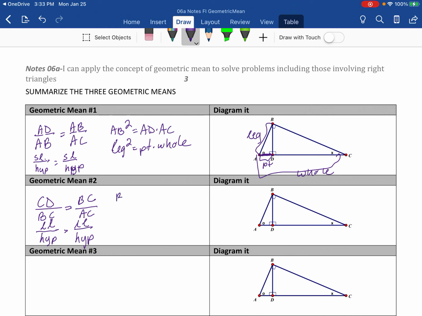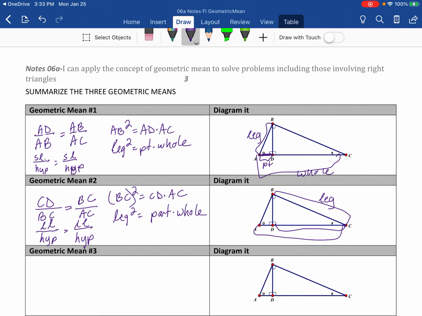That also works. When I cross multiply, I have BC squared is equal to CD times AC. But it's basically the same relationship. We have my leg here, this squared, because that's the geometric mean, is equal to the part times the whole. So leg squared is equal to part times whole, if you will.